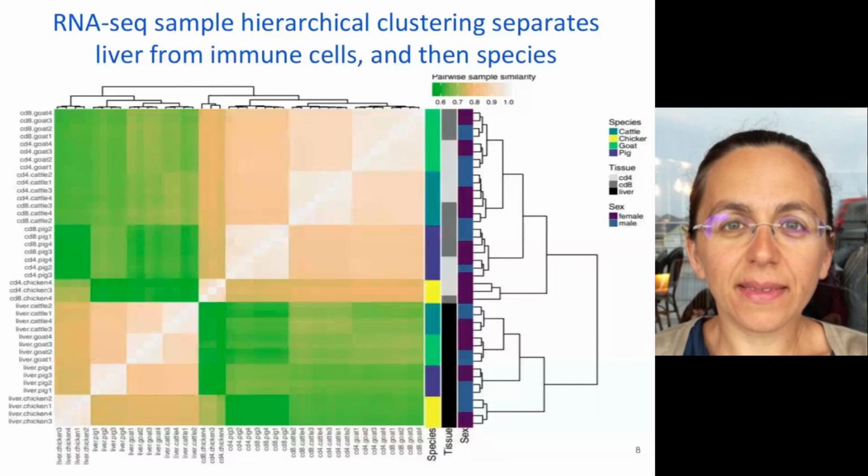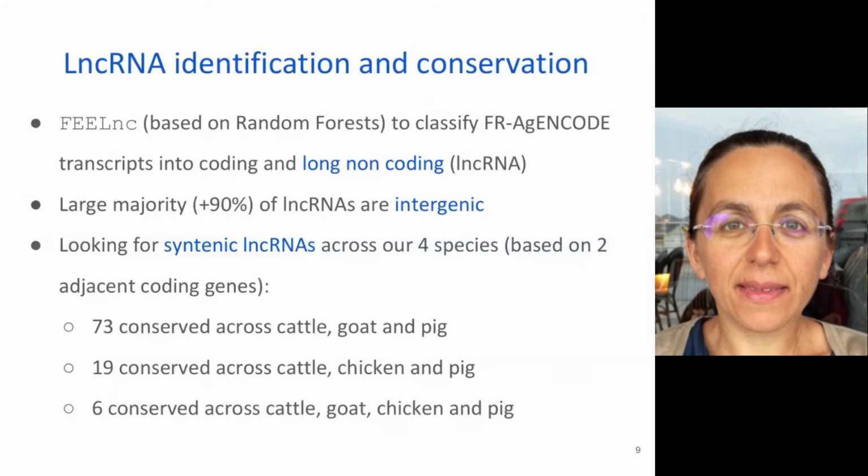So that was this first picture. And then on slide 9, we did identification of long non-coding RNAs and tried to quantify their conservation. So for the identification, we used the FEELnc tool that was developed in CNRS Rennes by Thomas Derrien, which is based on random forest to classify our transcripts into coding and long non-coding.